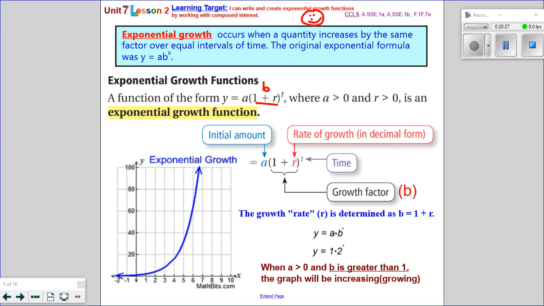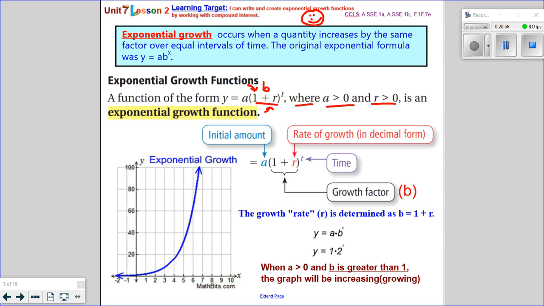A function of the form y equals a times (1 plus r) is when you have a percentage telling you it's going up, and you have to start with the original of what it was. Whenever something increases or decreases, it starts at 1, right? A decrease would be minus, an increase would be plus. And you're adding here, so we're only dealing with growth, where a is greater than 0 and r is greater than 0.